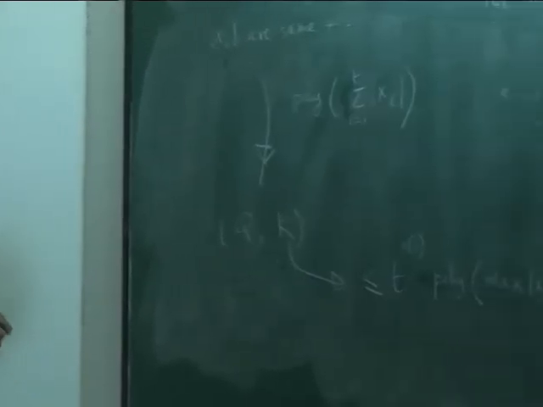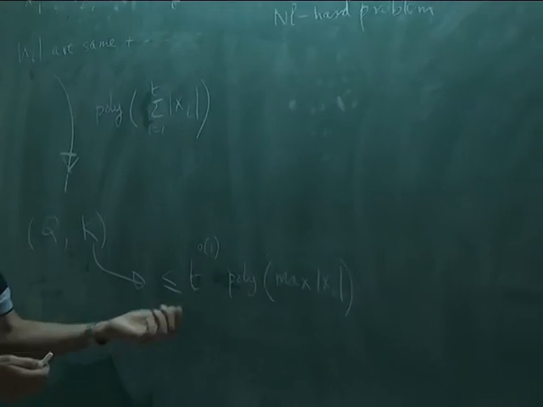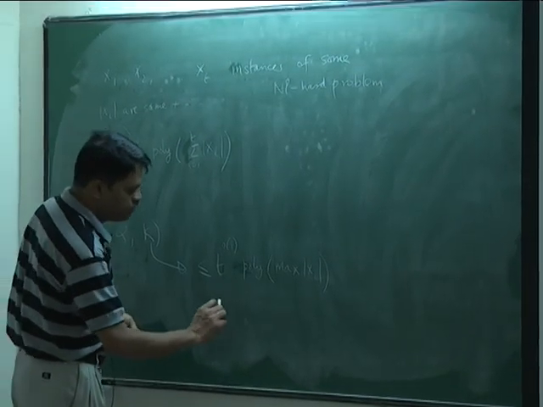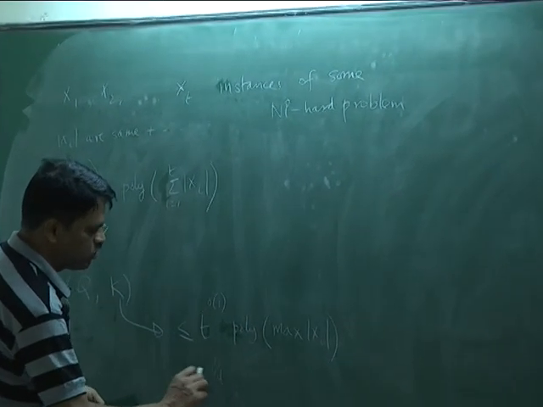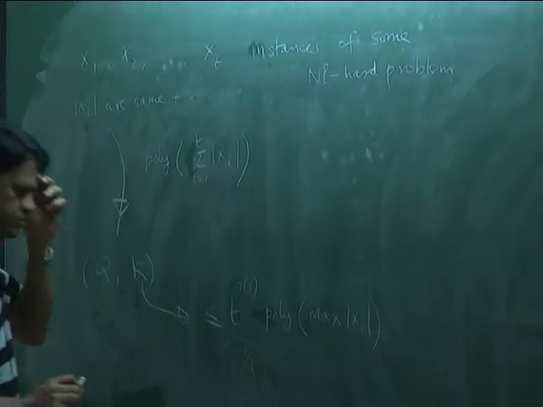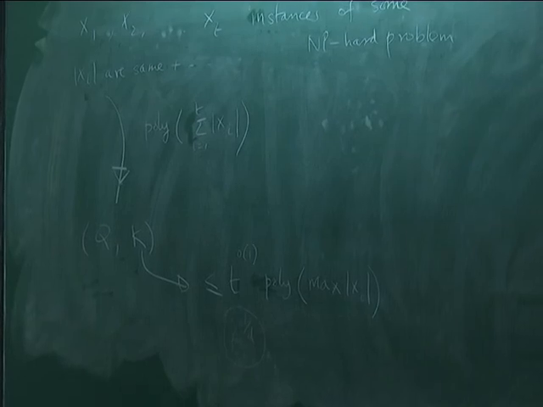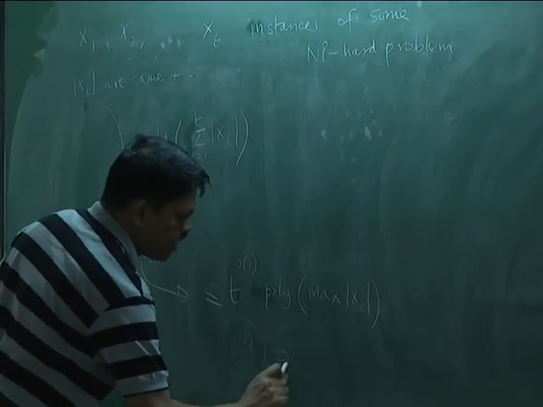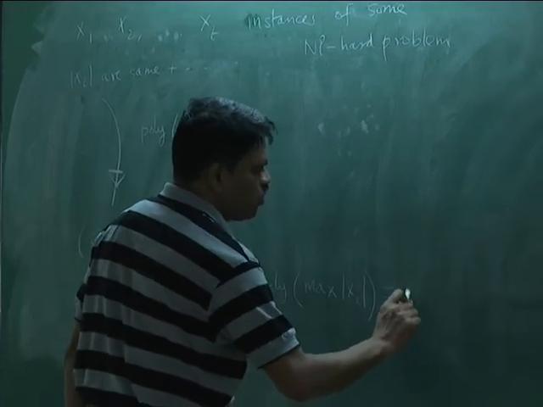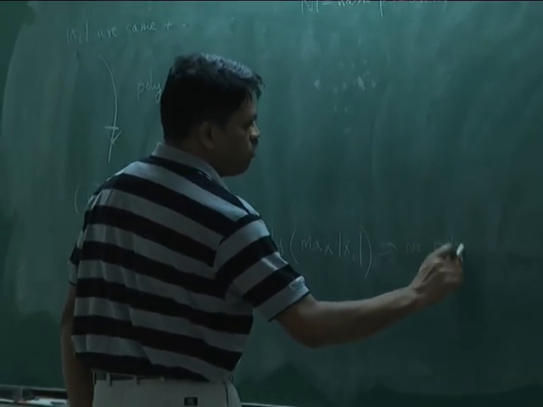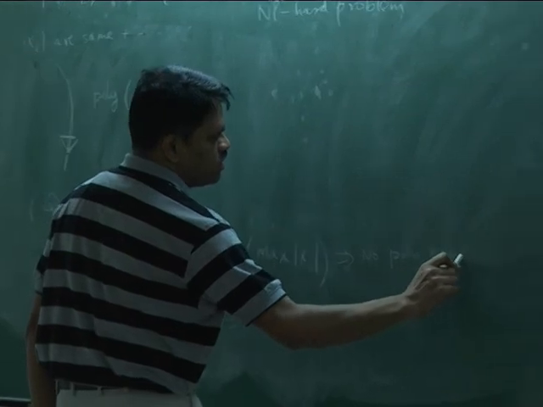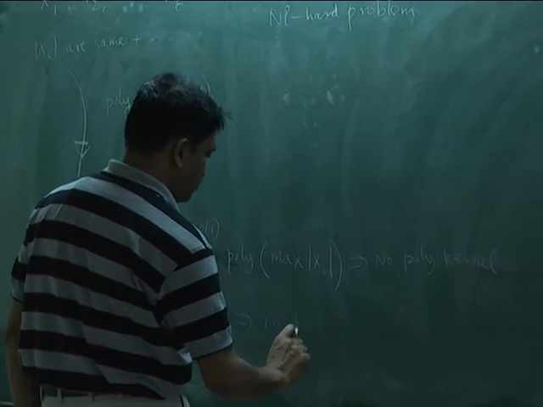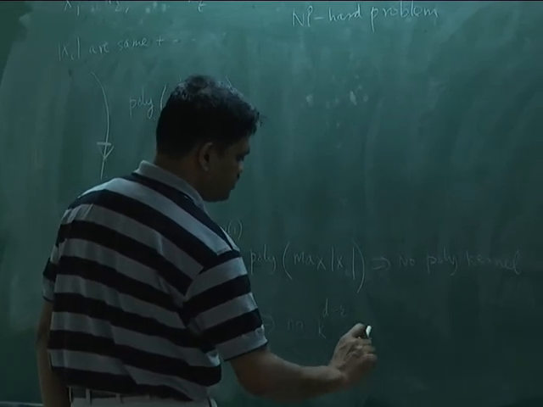There, the leeway in this composition is that if you make it depend on t to the 1 over d, then k to the power d minus epsilon implies no polynomial kernel, and this means no k to the power d minus epsilon kernel.